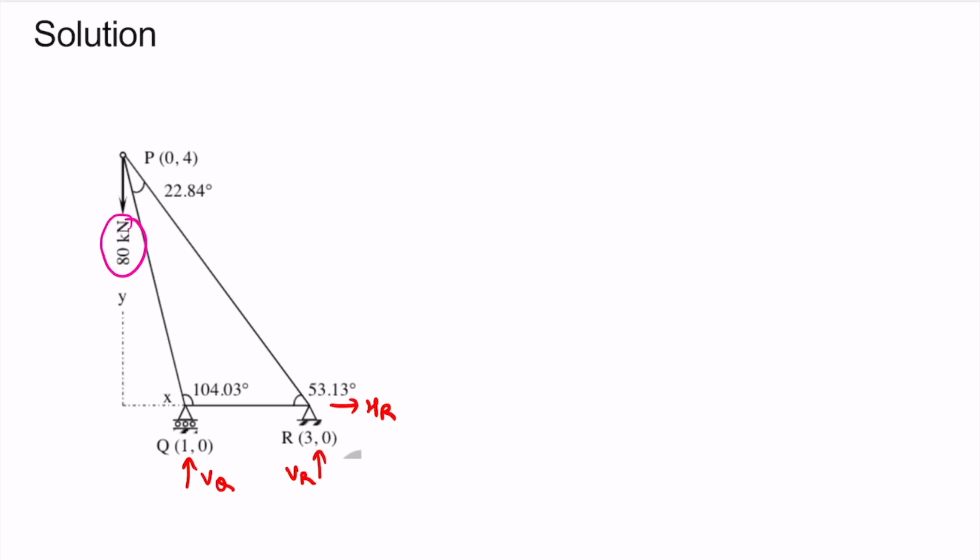Okay. Now after marking these reactions, we will use the equilibrium equations to find out the value of these reactions. To find out the reaction VQ, let's take the moment about point R and summation of moment to be 0. So this is one equilibrium equation which we will be using.